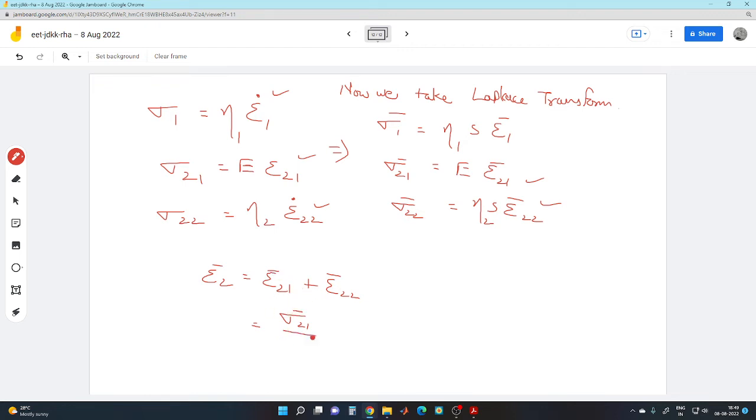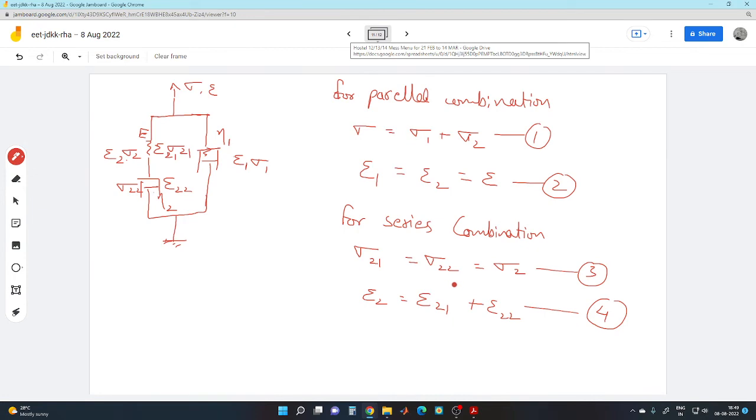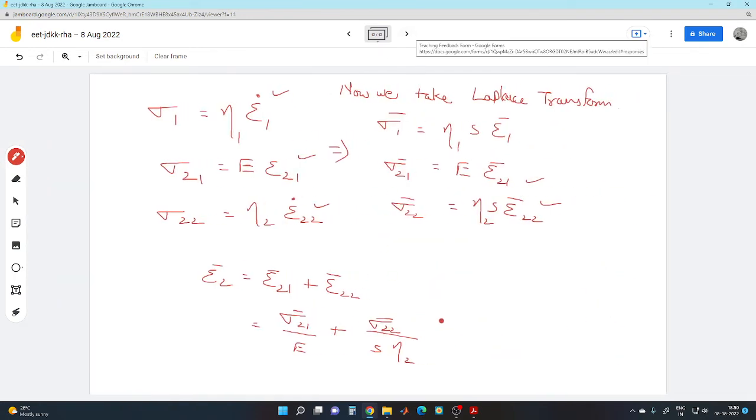So sigma 2 1 upon E plus epsilon 2 2 becomes sigma 2 2 upon s eta 2. But we know from here that sigma 2 1 is equal to sigma 2 2 equal to sigma 2. So using that relation, we can again write it as sigma 2 bar as 1 upon E plus 1 upon s eta 2.